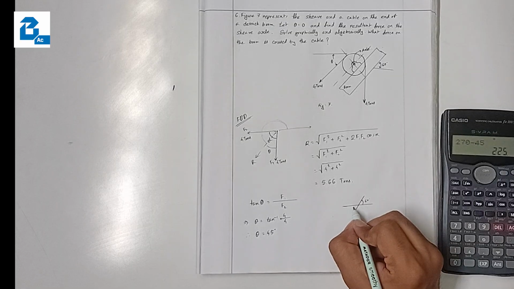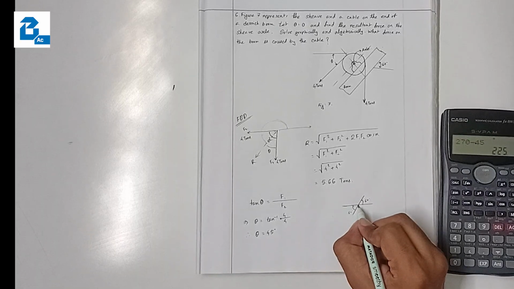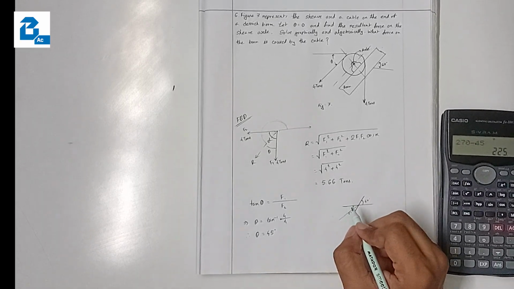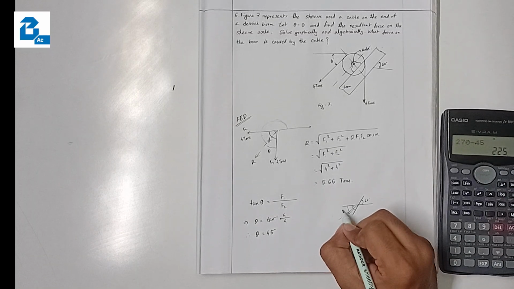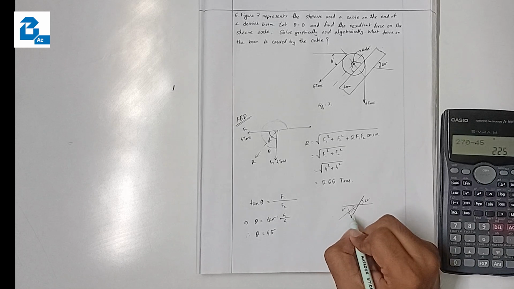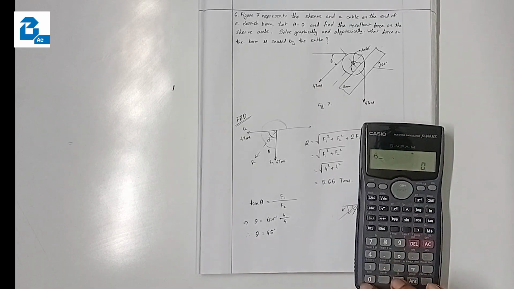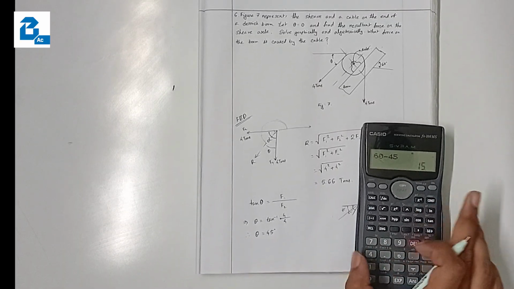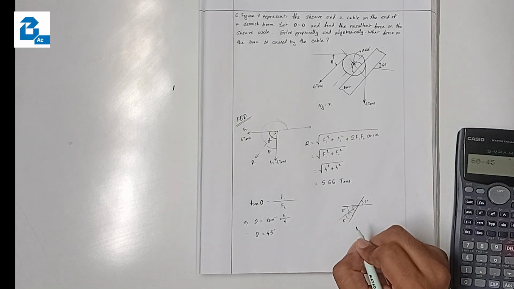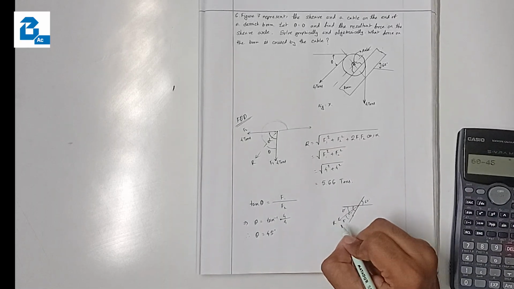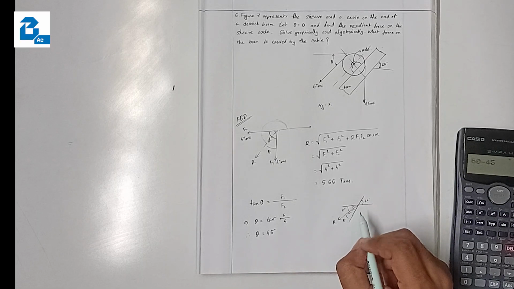But here the resultant is making a 45 degree angle with the horizontal component. So the remaining part would be 60 minus 45, so we get 15 degree. So we can say that the resultant is making a 15 degree angle with the boom.